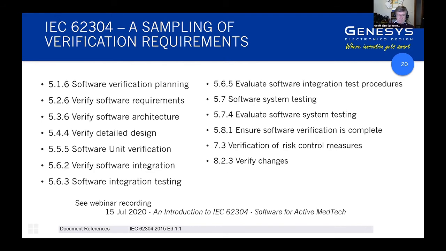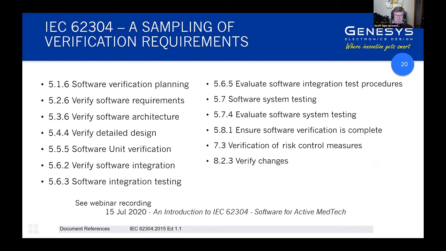There is a requirement in 6304 to actually verify software integration under 5.6.2, and it's actually verifying the software integration process. Now, I will say that this is aimed at really big systems where you've got multiple software suites on multiple computers on a network.